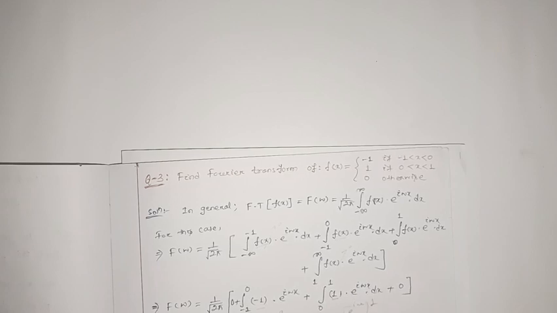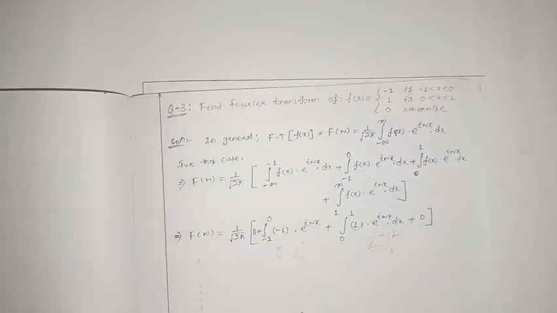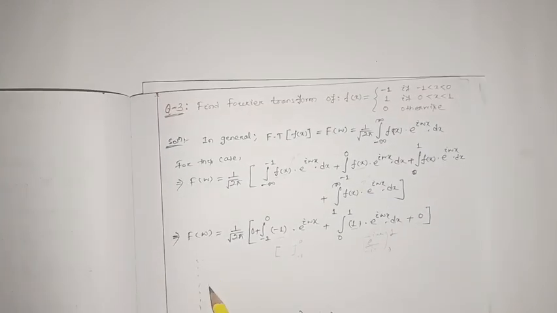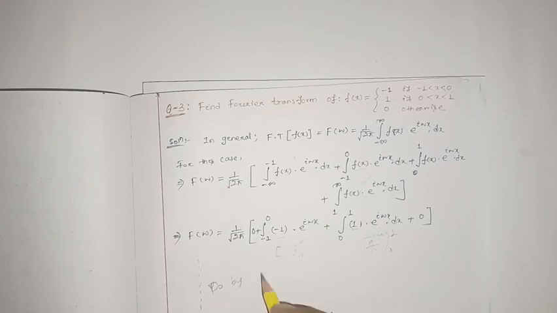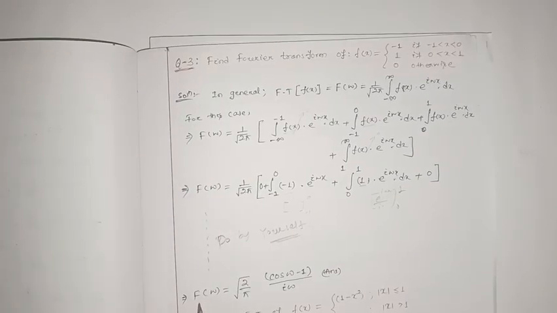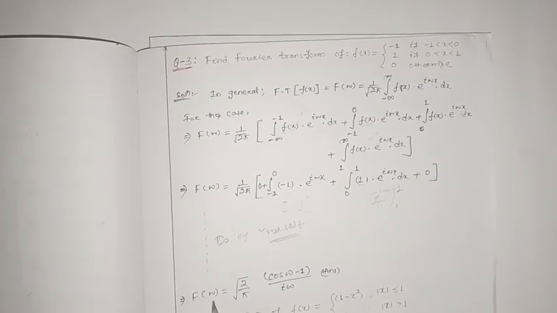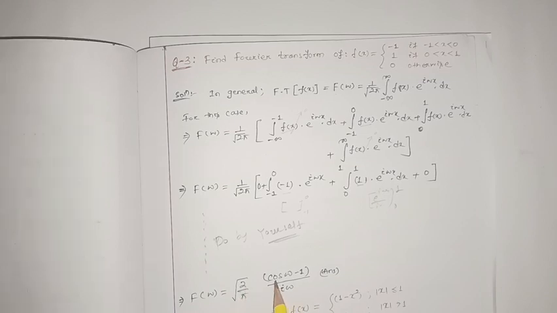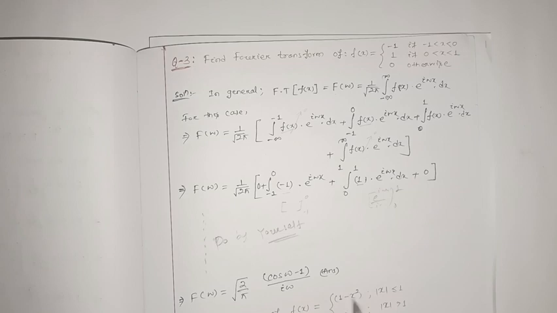You just do by yourself. 2-3 steps I have not done here, I left for you. You do by yourself. Finally, you can get the answer. Fourier transform, that is capital F of omega, will be 2 by pi whole root over, cos omega minus 1 by I omega. Okay.